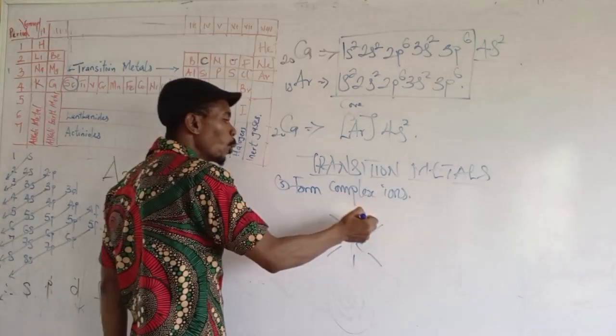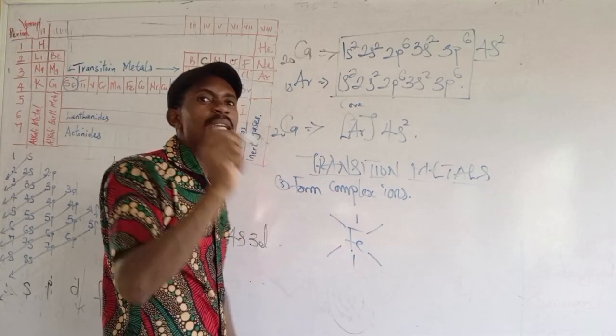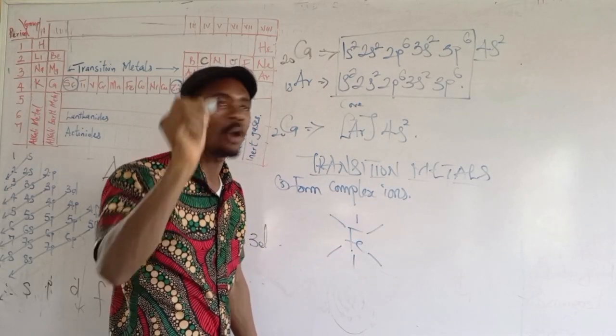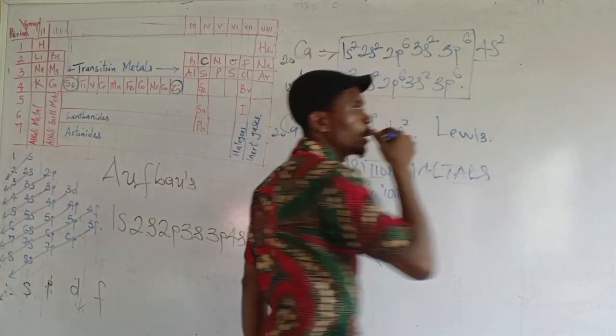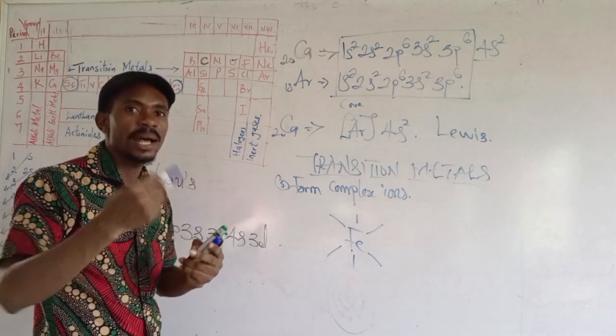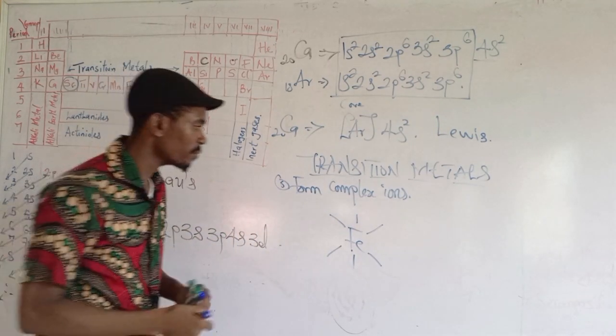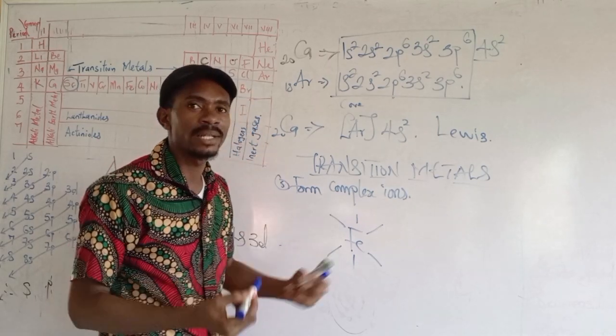These groups which are bound to the central metal are known as Lewis acids or Lewis bases, L-E-W-I-S. I'll bring the lecture on Lewis acids and bases as we continue in this journey. These Lewis compounds are also called ligands.